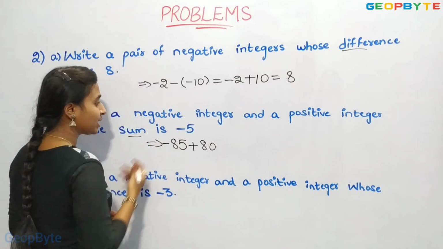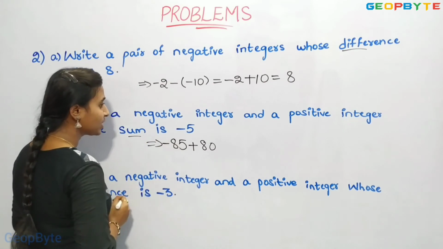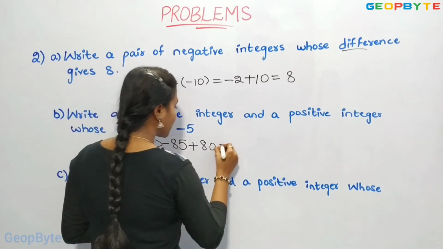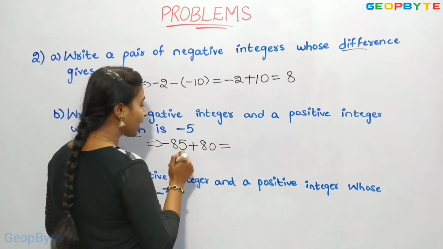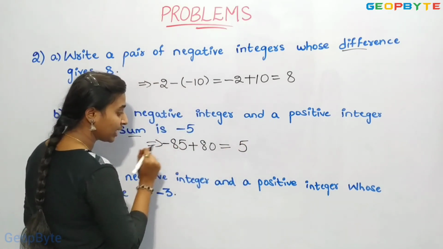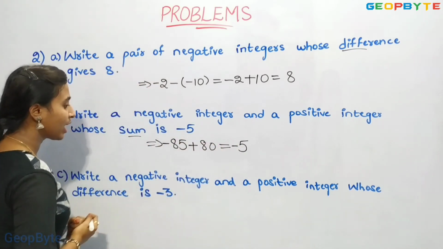Now see here, the negative integer is minus 85, sum is plus, and the positive integer is 80. Let us solve this. Minus into plus, minus. 85 minus 80 is 5. The sign we have for the greater number is minus. We got the answer minus 5.